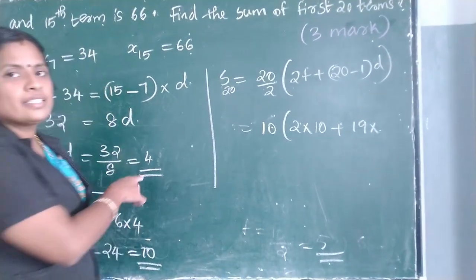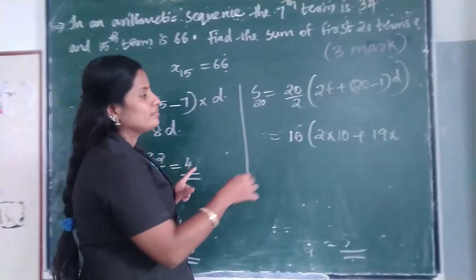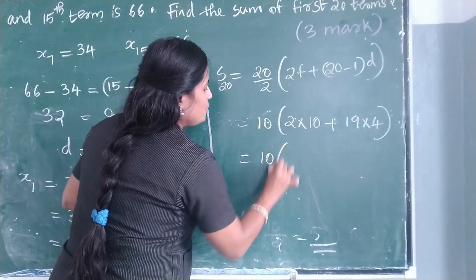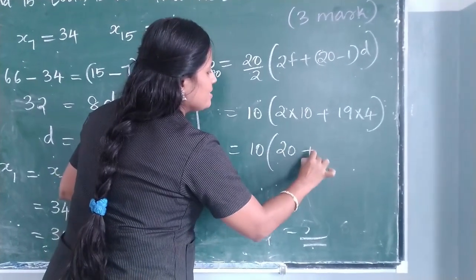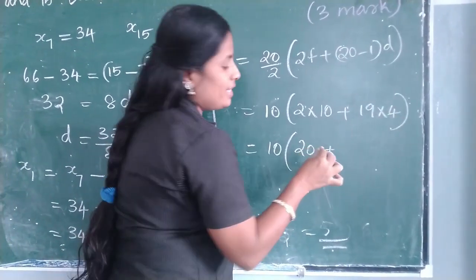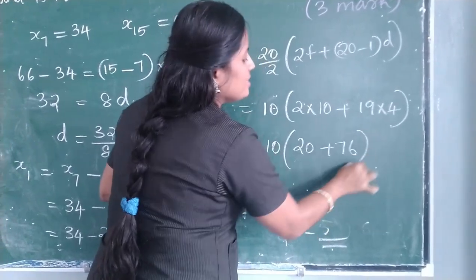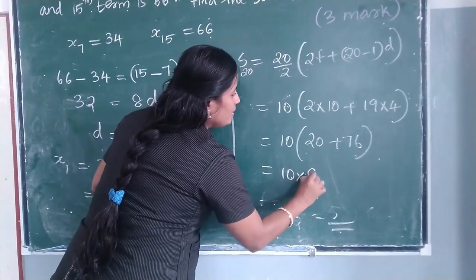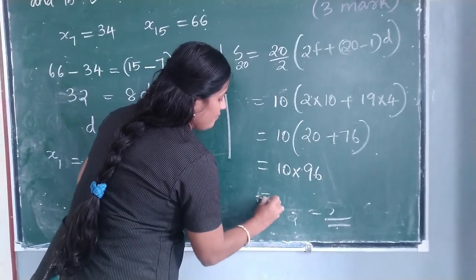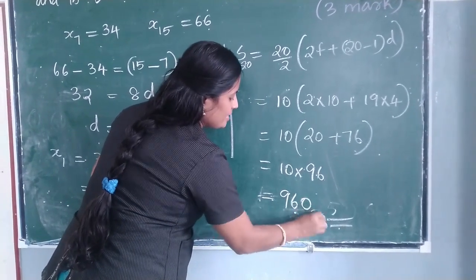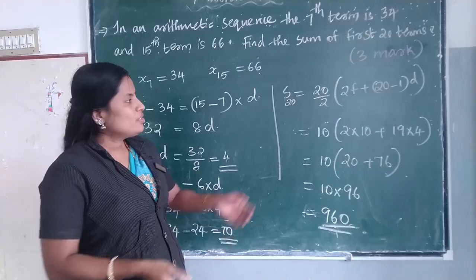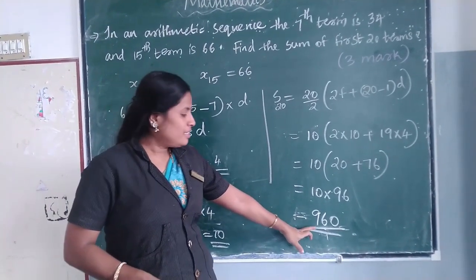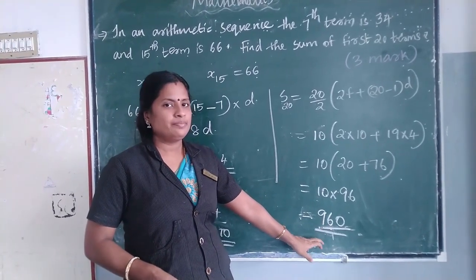Common difference is 4. 10 into 20 plus 19 into 4, which is 76. Then 10 into 96, which is equal to 960. So the sum of 20 terms of the sequence is 960.